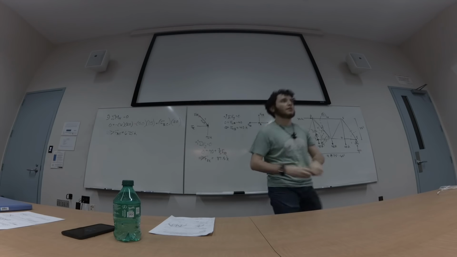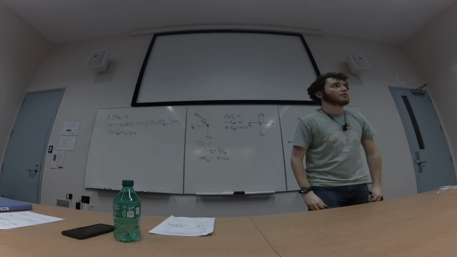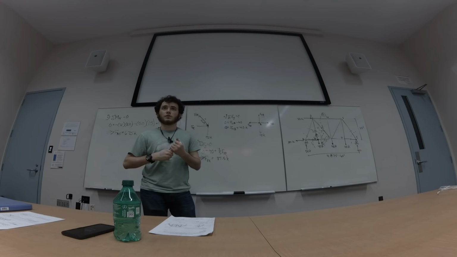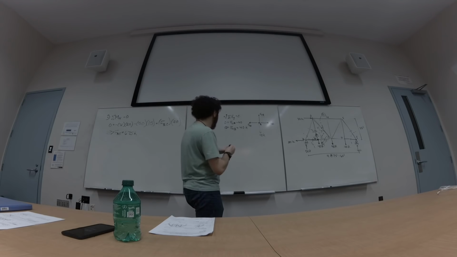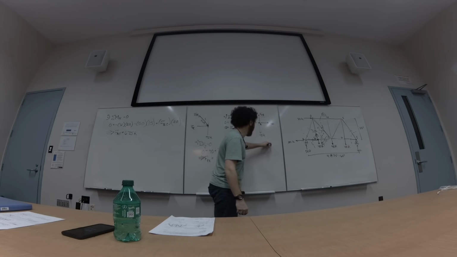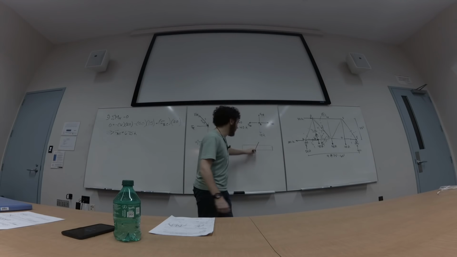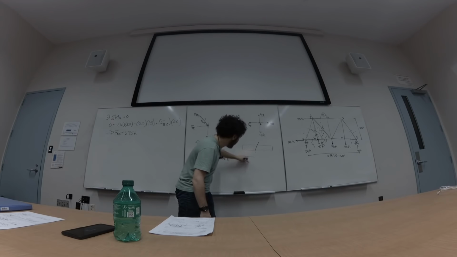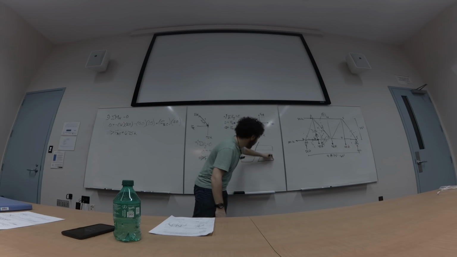Yeah. Draw a good picture of the member and then cut it at either end and show the internal forces and the joints. Yeah, so we're looking at a member here, right? We'll cut the member right down the middle. So we're looking at it here.